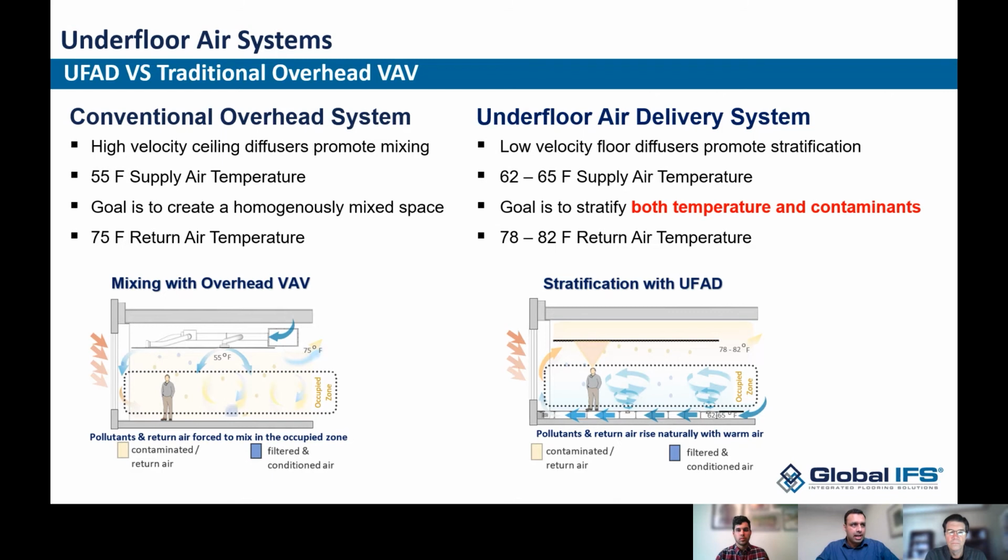With a 75 degree set point, an ideally designed overhead mixing system will have 75 degrees throughout the space, from the floor all the way up to the ceiling. And because you're providing mixing, you essentially have a homogeneous contaminant level within the space as well.